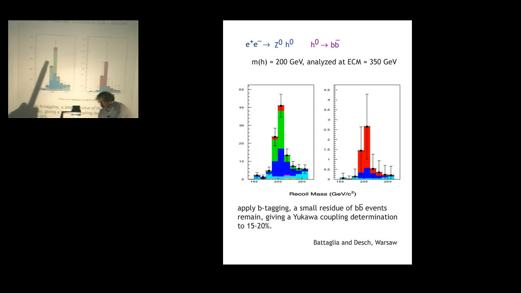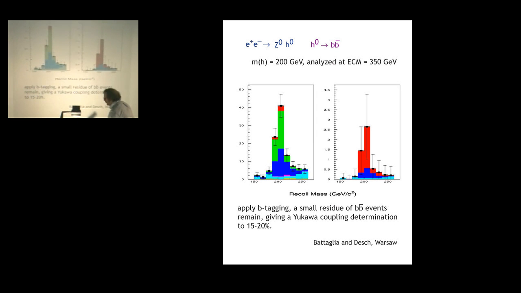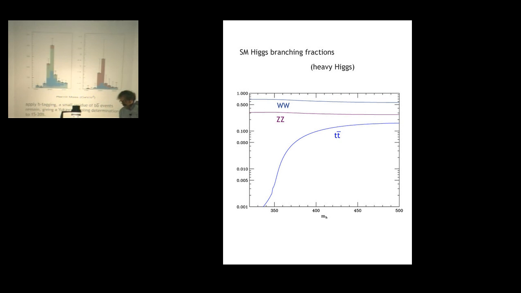So if you do stringent bottom tagging, you end up with a much smaller sample. It's hard to read these numbers, but it's a much smaller sample, which is now dominated by what's in red, the BB width. And they claim actually a coupling constant determination of 15 to 20% for a 200 GeV Higgs. So there's something that can be done there. It's interesting to study.